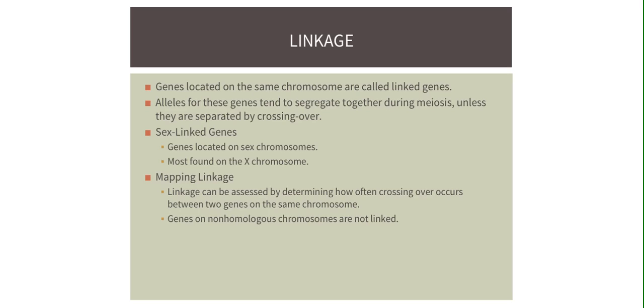Sex-linked genes. Genes located on the sex chromosomes are called sex-linked genes or X-linked genes, because most of the genes that we find on our sex chromosomes are on the X chromosome, but we'll just call them sex-linked. Females have two X chromosomes, and that distinguishes them from males, who have XY chromosomes.